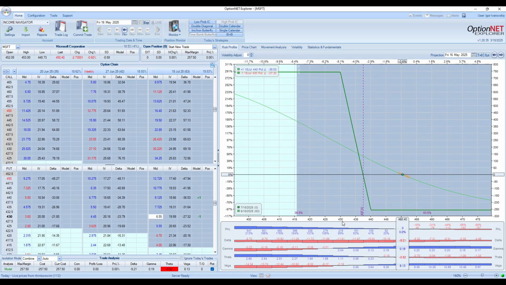So we have 10 points times 100 equals $1,000. That is what the max potential value of this spread is at expiration. It's $1,000. Let's not forget we're paying $260 for it, right?